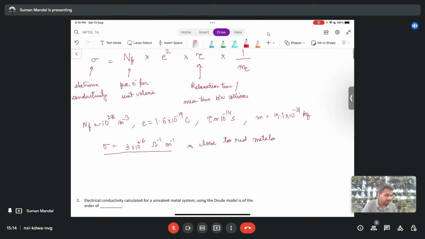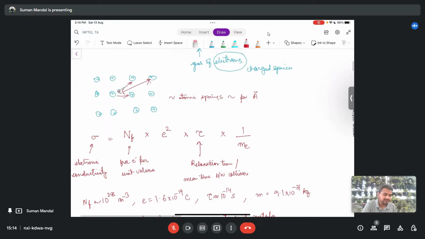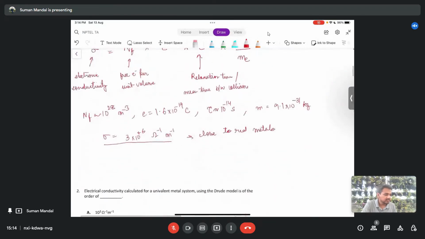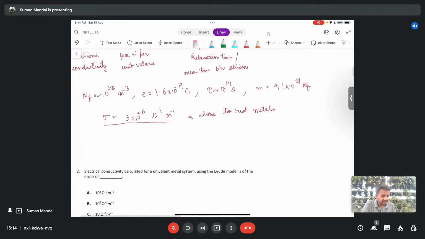Now, if you look closely, we have discussed the mean free path. If you calculate L mean by the Drude theory, you get it as around 1 to 10 angstroms.